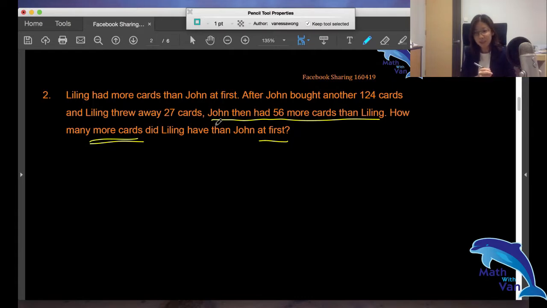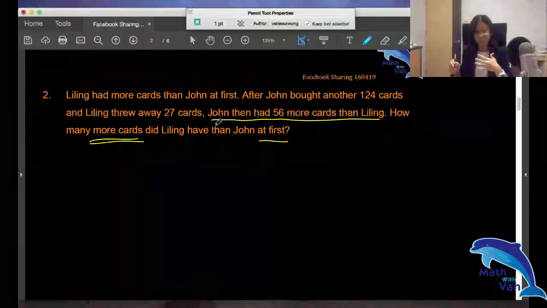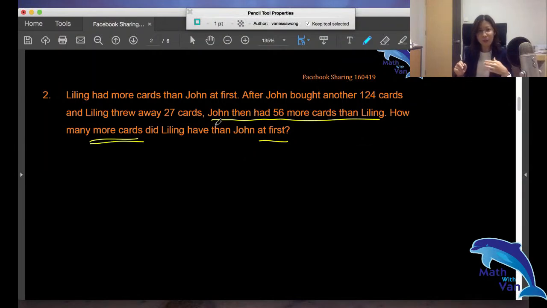This one is slightly different from what we experienced just now. Just now, we worked from the beginning and then added in the changes. But now, you can see that we are working backwards to the beginning.